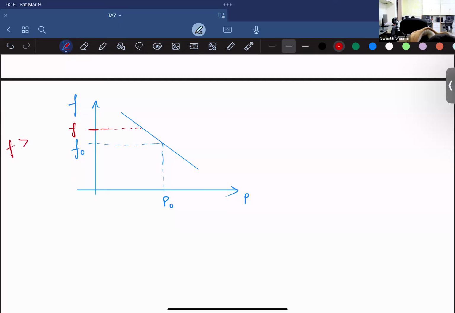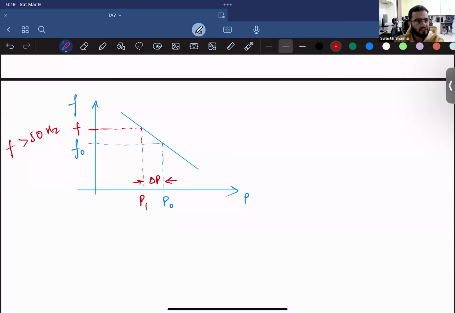So F is greater than, let's say, 50.5 hertz, and for normal operation you want your frequency to be at 50 hertz, irrespective of what the issue was. Now you have this new operating region, right? This is your P1. This is the power reduction that would be caused if your frequency goes to a new level.